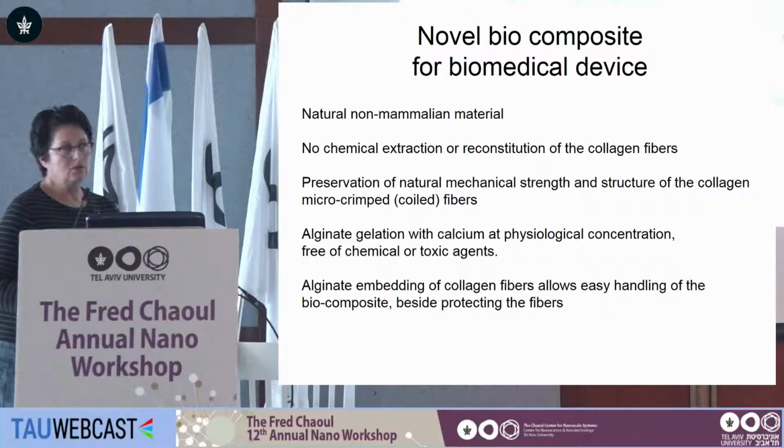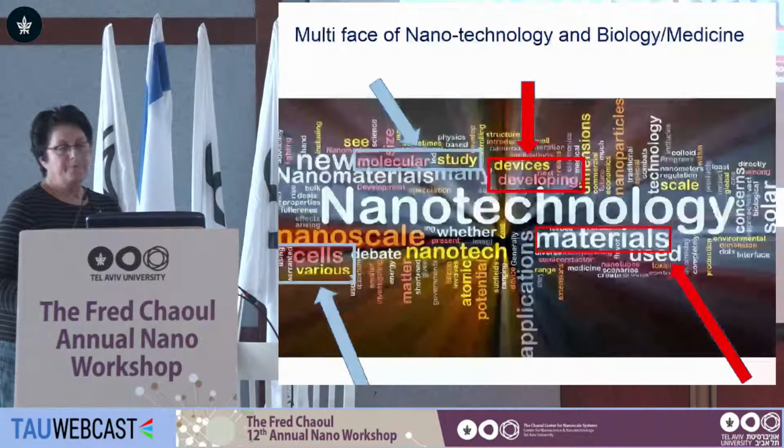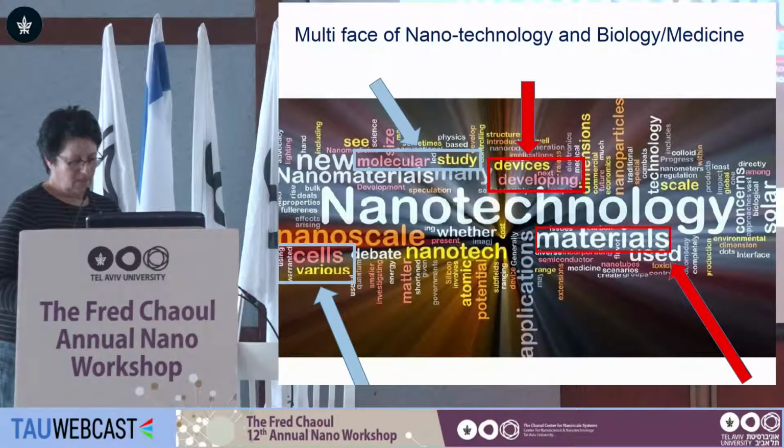We can use these fibers together with alginate, where the gelation is done under physiological condition in presence of calcium ions, and it's free of chemicals or any other toxins. And the alginate embedding of collagen allows easy handling of this biocomposite, and cells are growing very well in these scaffolds. So we have multi-phase nanotechnology in order to assist in biology and medicine.